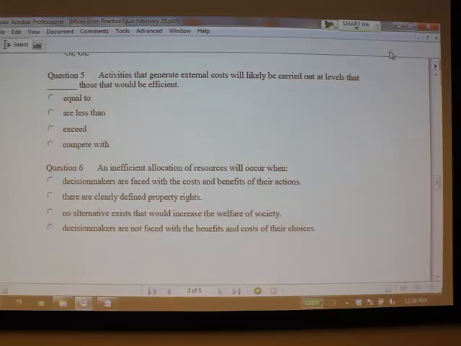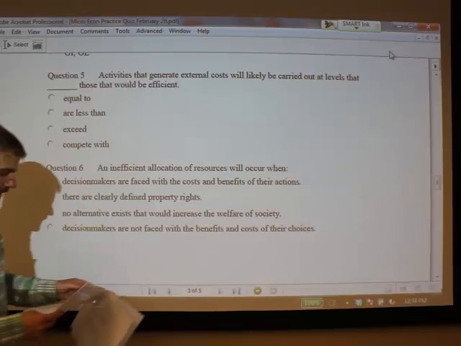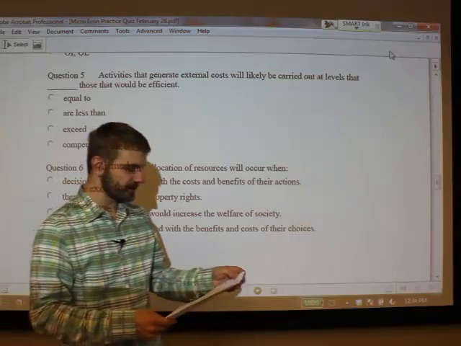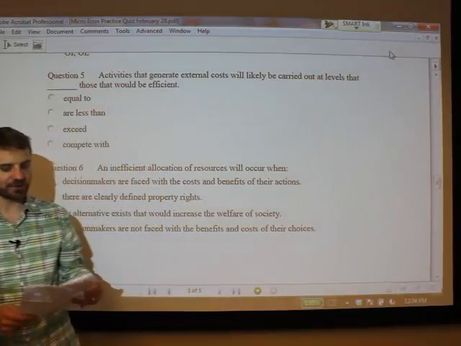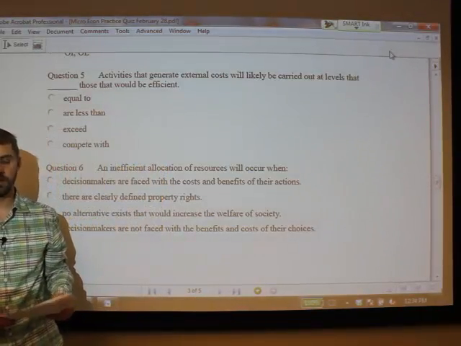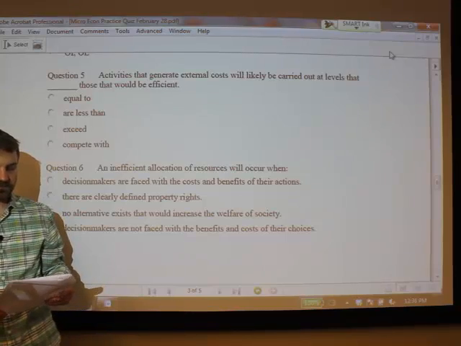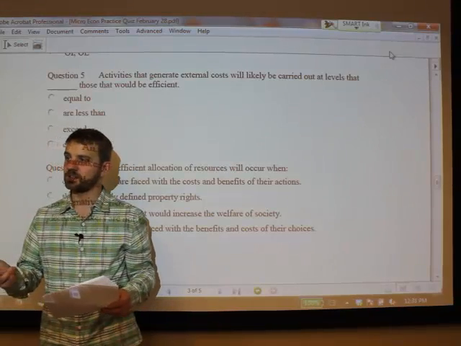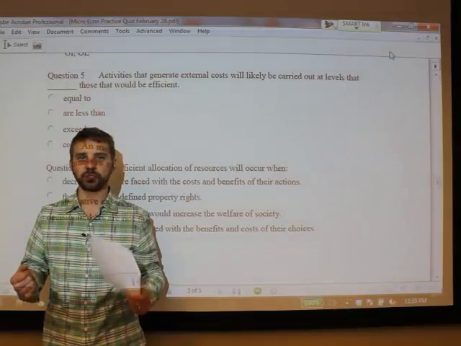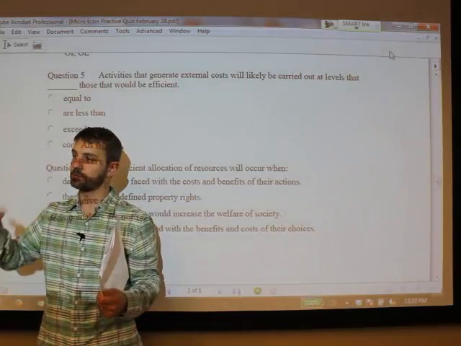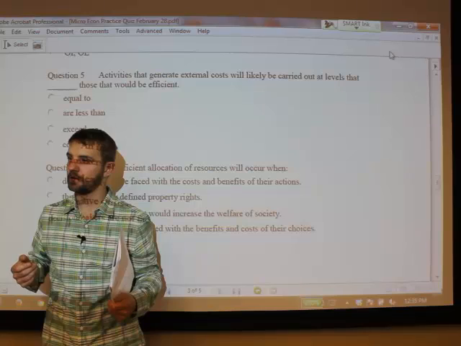Question 5. Activities that generate external costs will likely be carried out at levels that blank those that would be efficient. If they have external costs, that means, well, the example I used was you're driving down the road and there's pollution coming out of your car.